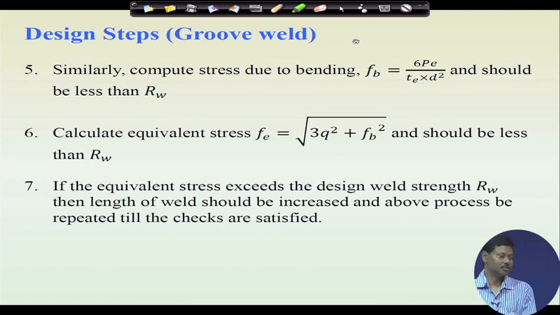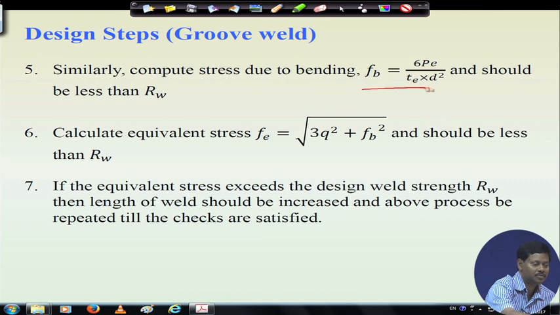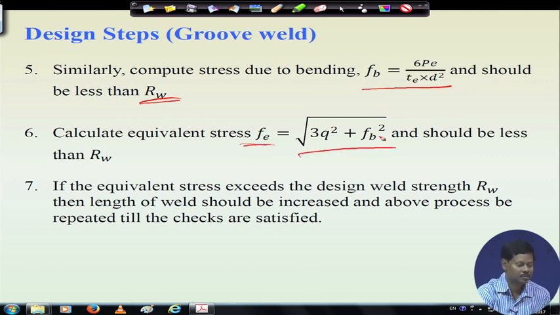Bending stress also we can find out from this formula, that is FB is equal to 6 P E by TE into D square, and that also has to be less than RW, and then we can find out the equivalent stress. Equivalent stress will be square root of 3 Q square plus FB square, and this equivalent stress has to be less than RW.